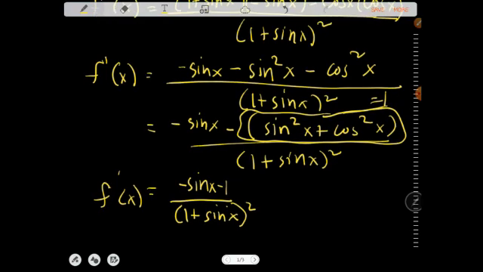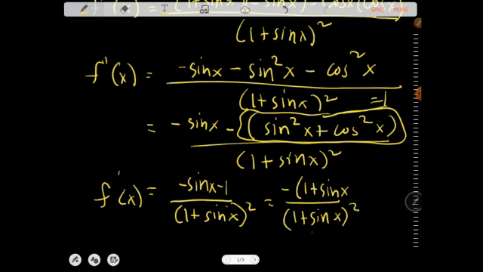Or by simplifying the equation, that is equals to negative 1 plus sine of x over 1 plus sine of x squared. Okay?